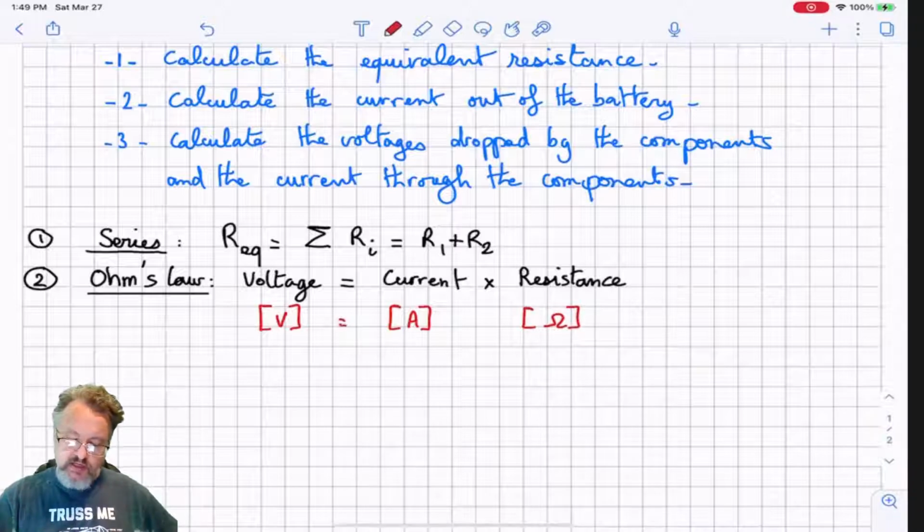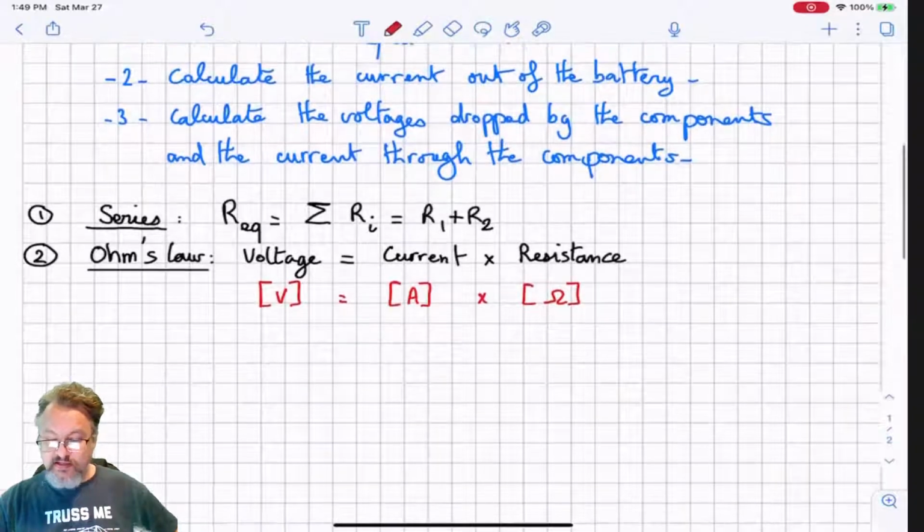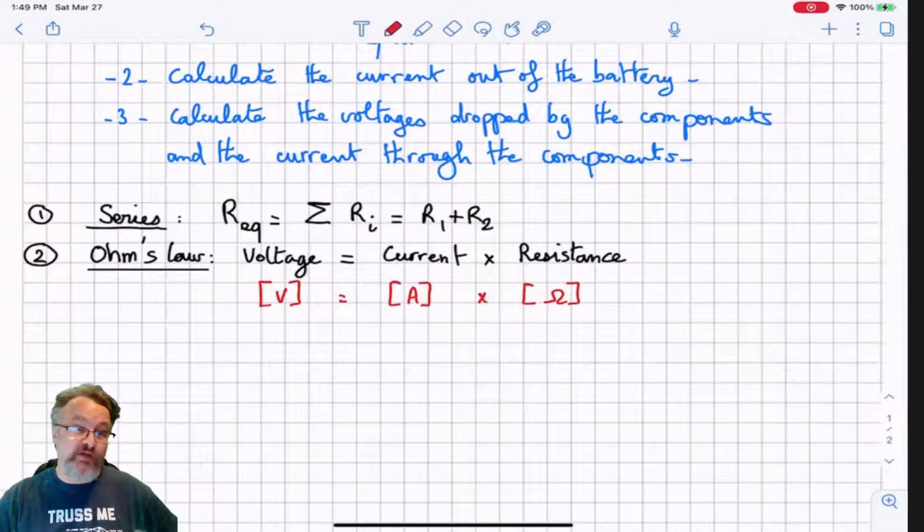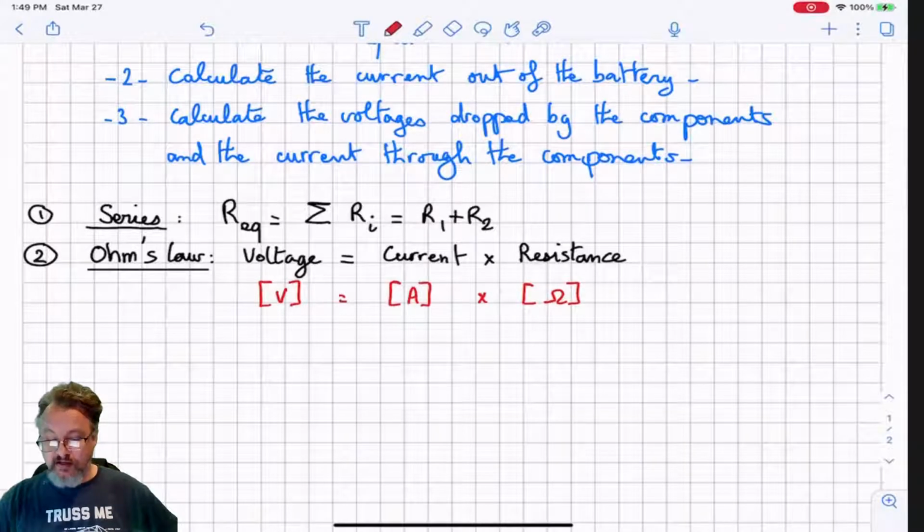Okay. The SI unit that is used to talk about electricity is the ampere. Okay, so you need to make sure that you use this like that.